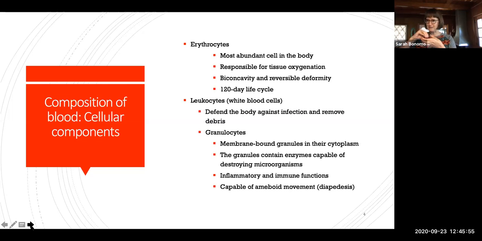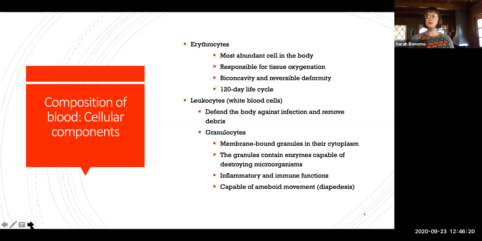It's just compressed. And that allows it to morph and change shape as it squeezes through these tight places in order to deliver oxygen to all of the tissues it needs to get to. And then it has a really, really long life cycle. So red blood cells last about 120 days, which is very long as compared to platelets, which we'll talk about as we move down the line.